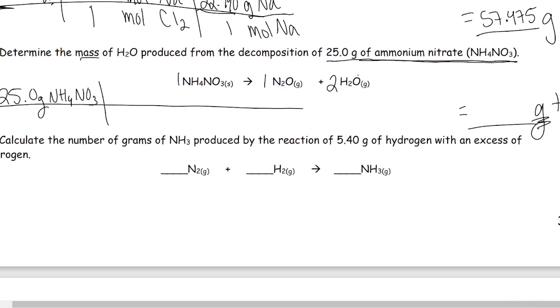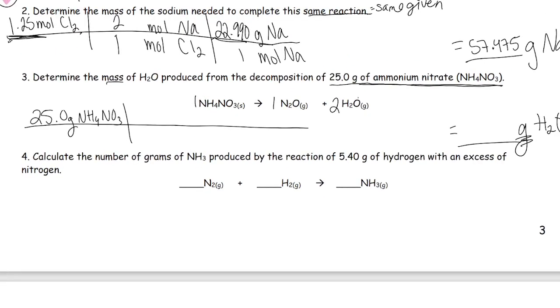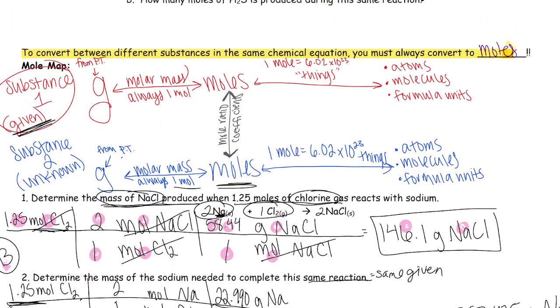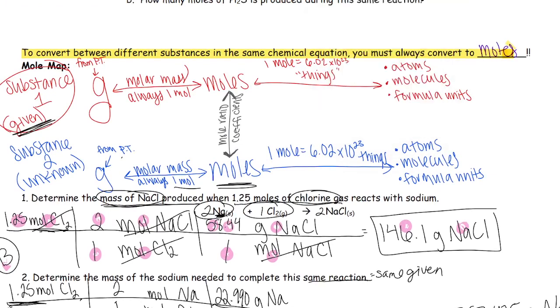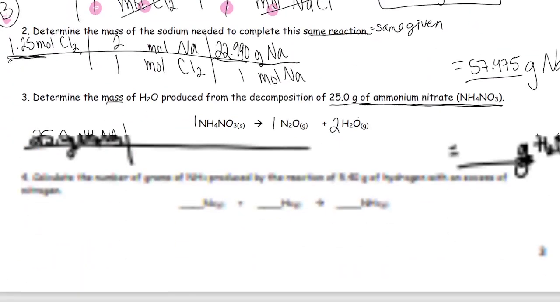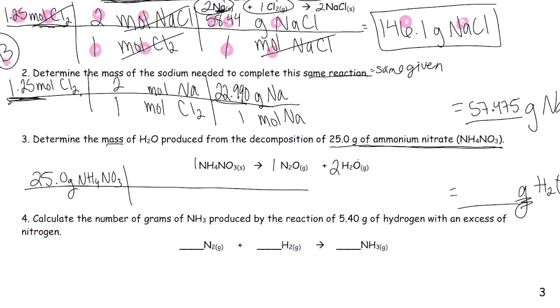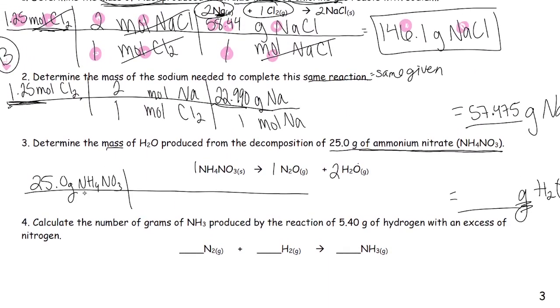So if we identify ourselves on this mole map, I'm going to use a different color to outline where we're starting and where we're trying to go. Starting question number 3, we are starting in grams of NH4NO3.